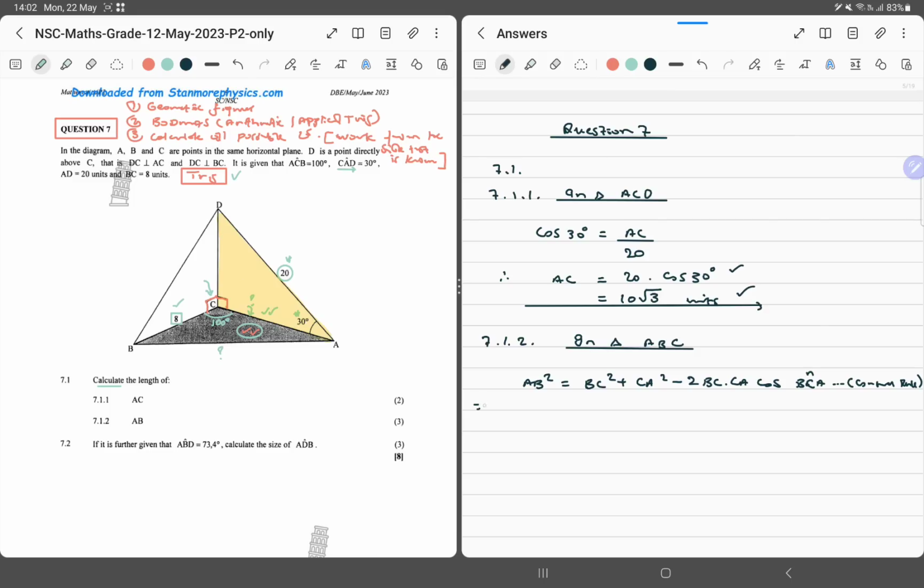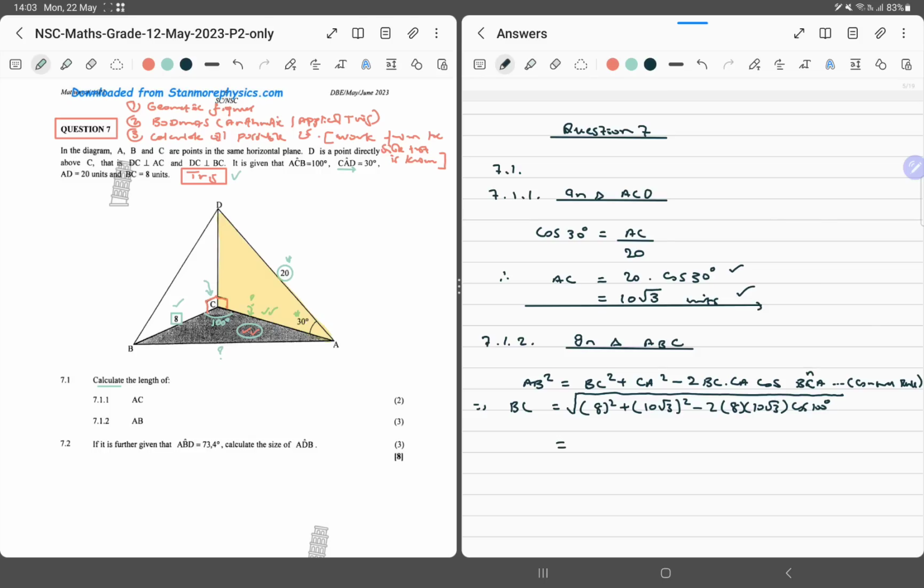Now let's see, this implies that AB is going to be equal to the square root of a very long story there. So what is BC? It is 8 squared plus CA, you've got 10 root 3 squared, minus 2 into 8 into 10 root 3, right, cos of 100 degrees.